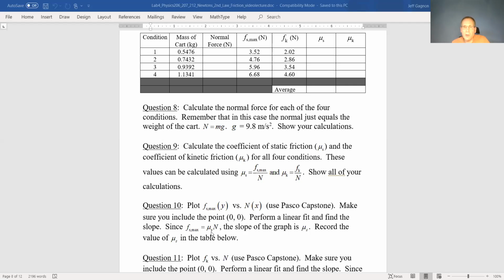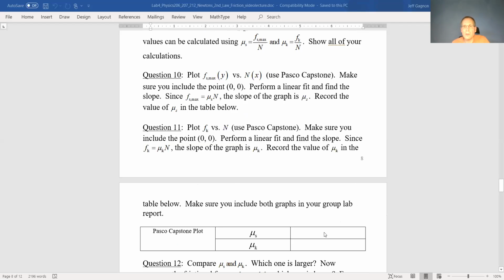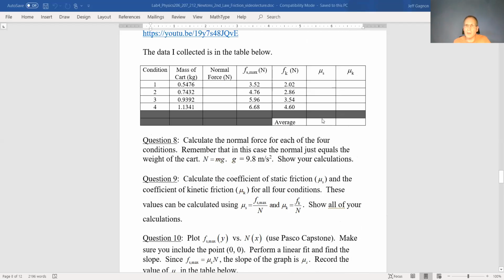So it should be a linear equation. And that slope should be our coefficient of static friction. It should be our mu s. So you're going to do that graph, do a linear fit, and record mu s in this table below, right? This is from the graph. And then also compare to what you got here for an average. It should be very similar, right? There are two different ways of getting that coefficient of static friction.